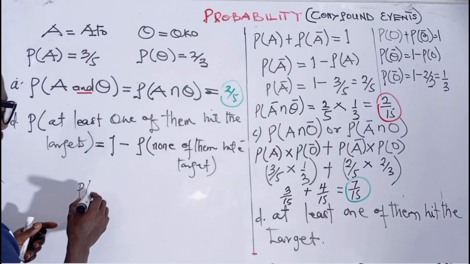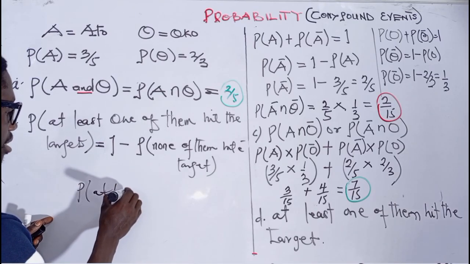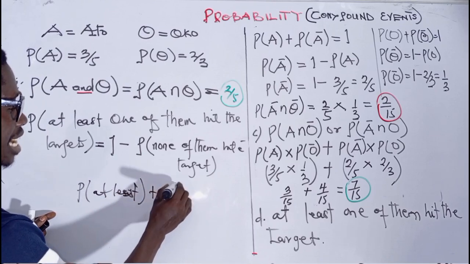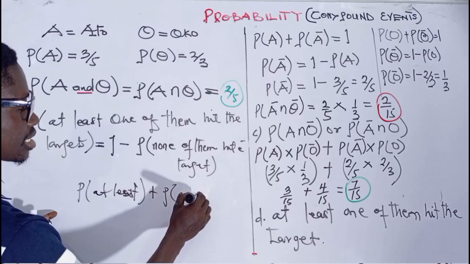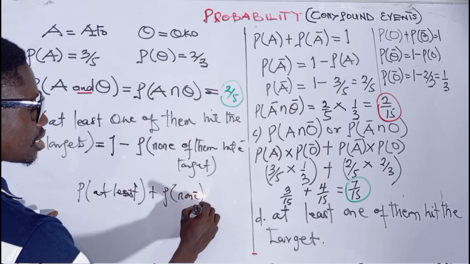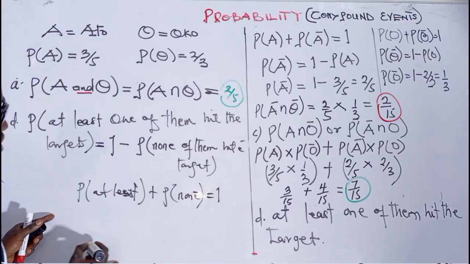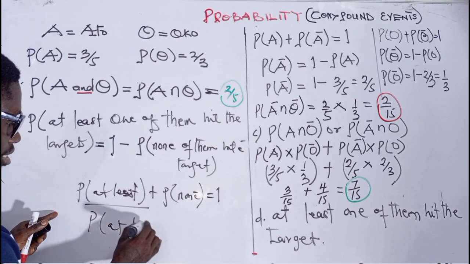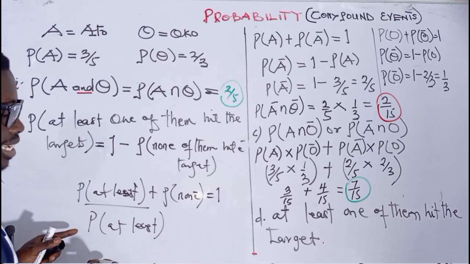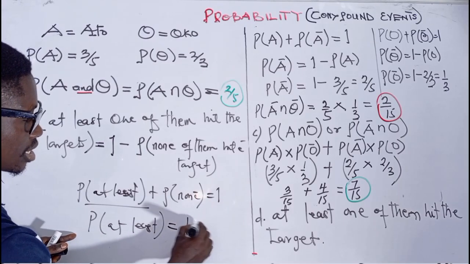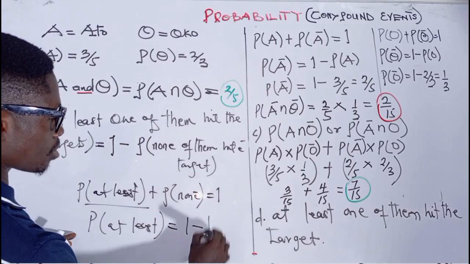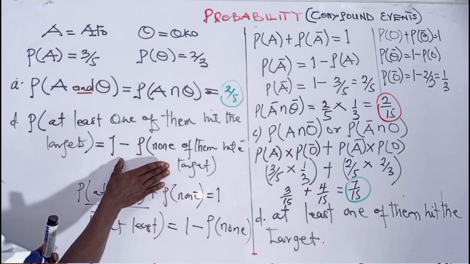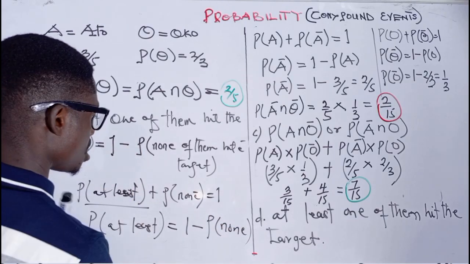So the probability that at least one of them hit the target plus the probability that none of them hits the target should give us 1. So if we are looking for at least, then the probability that at least one of them hit the target will be equal to 1 minus, then we transpose the whole of this, the probability that none of them hit the target. That is how we came about it, using the complementary rule.